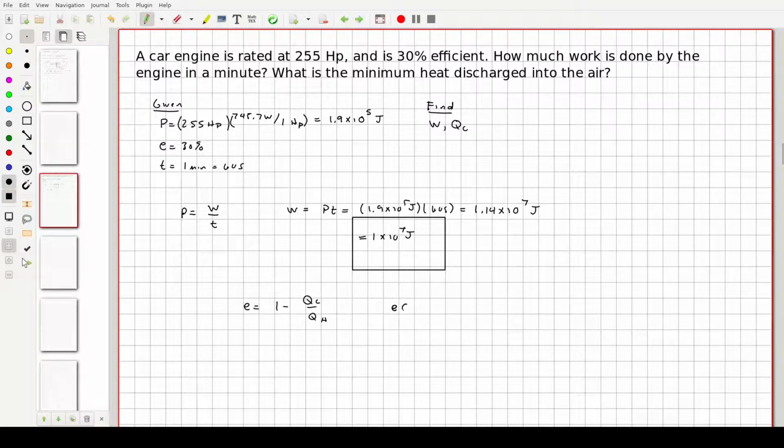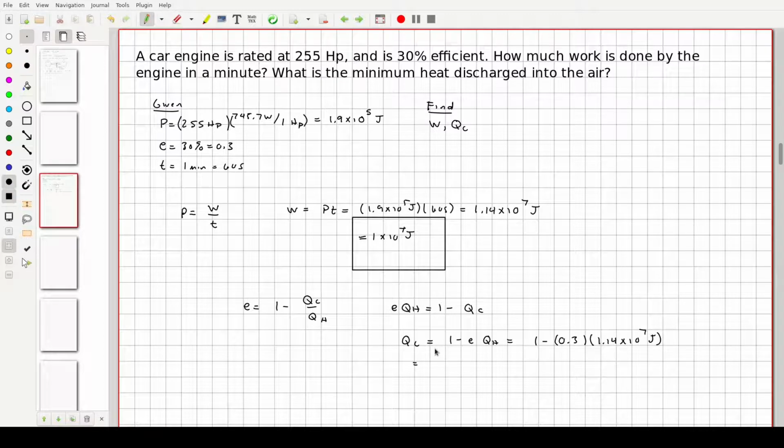QC is just equal to 1 minus the efficiency times QH. The efficiency is 0.3, it's 30%. Remember, it's fractions of 1. So 1 minus 0.3 times 1.14 times 10 to the 7th joules.